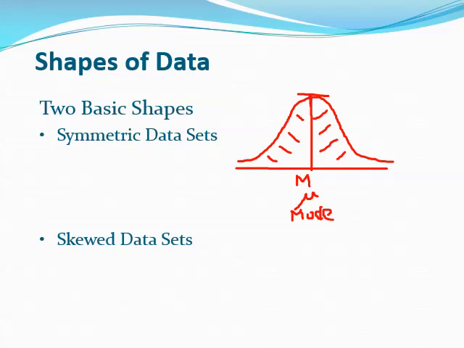The mean is the toughest one to try to figure out. The mean is going to occur where the distribution or the data set balances. So think, if you will, if we could take this normal curve or this symmetric curve off of the screen. If I could put my finger right here in the middle, because it's symmetric, that's where it would balance.